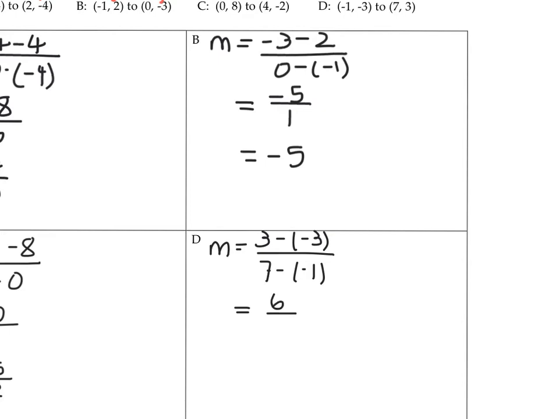The denominator becomes 7 plus 1, which is 8. And again, I divide my numerator and denominator by 2, and my final slope is 3 over 4. If you got that right, perfect. We're ready to move on. If not, please find that mistake, make a little note of it, star it, so that you can get more comfortable and you remember the slope formula.